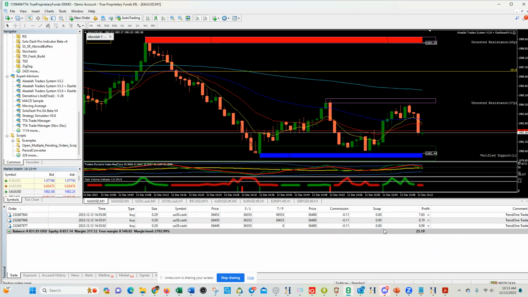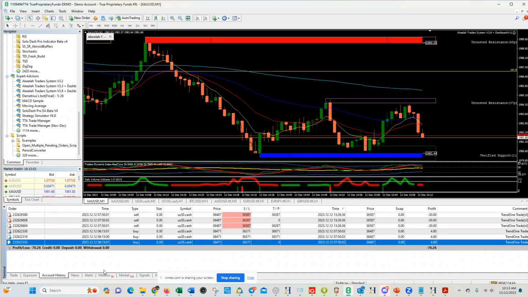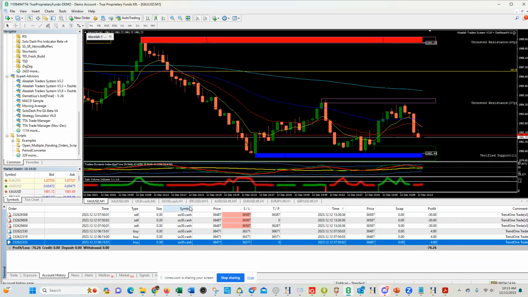I don't think I set this one up to trade gold. The charts are on here, but I'm not really looking at that one. So let's see where we are on this account. This account for today is slightly in the hole, about $70, $76. Looks like we've only been trading US30.